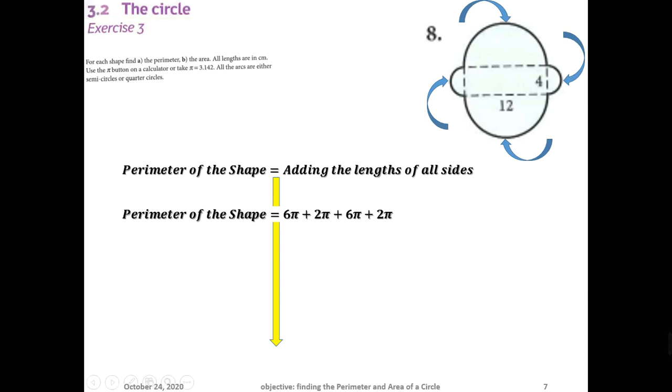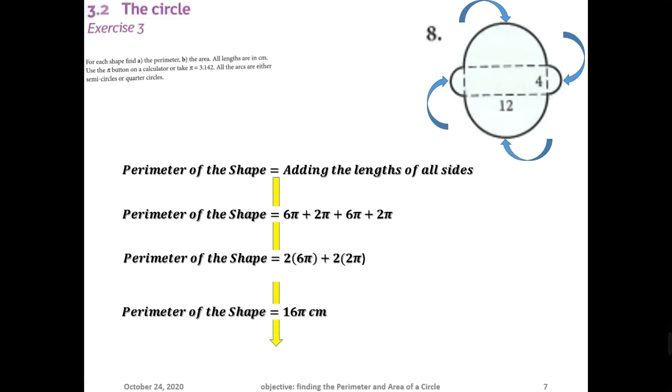Another way to write it, we say that we have two big arcs with the exact same length. So we can say 2 times 6 pi plus we have two small arcs with the exact same length plus 2 in brackets 2 pi. We write it as following. This will come down to 16 pi centimeter. And this is the answer in terms of pi.